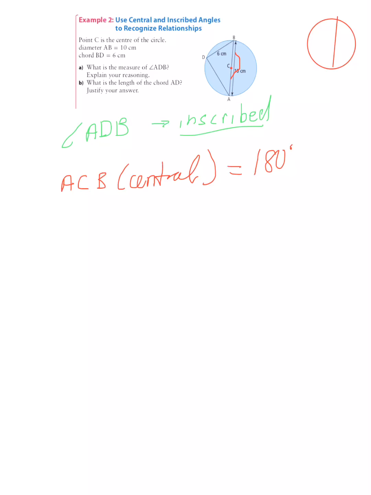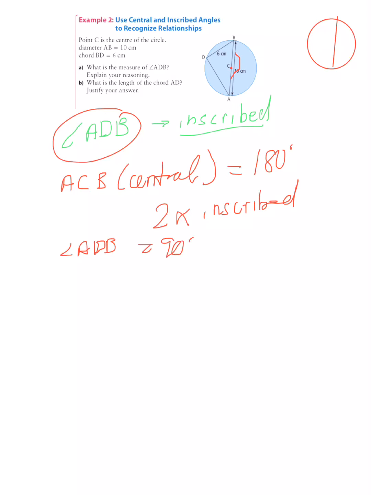Okay, we also know that the central angle is 2 times the inscribed. So if we work backwards, we can figure out here that angle ADB is 90 degrees. Okay, and we can kind of tell that by looking. This looks like 90 degrees. But the way to prove it is, because we know it's a straight line, it has to be 180. We cut it in half, and we can figure out that that's 90.